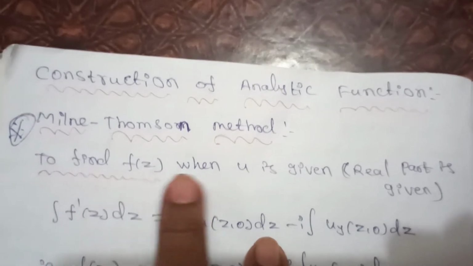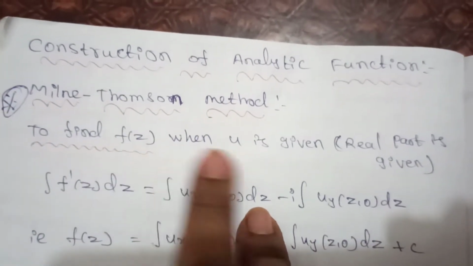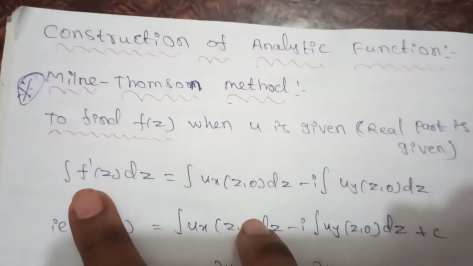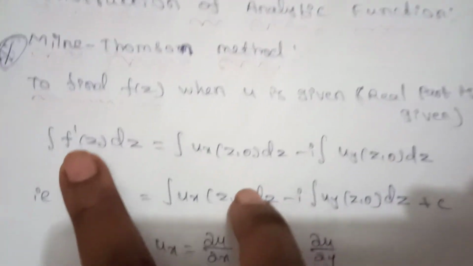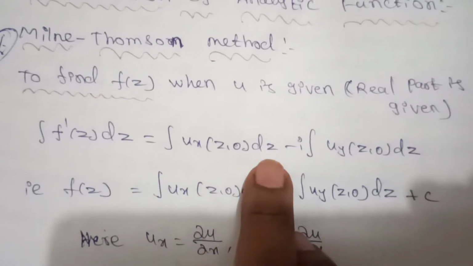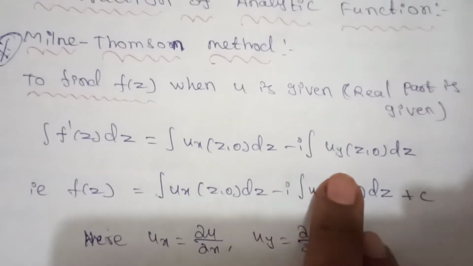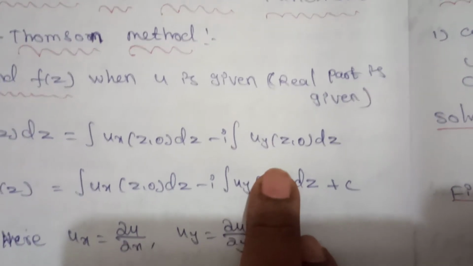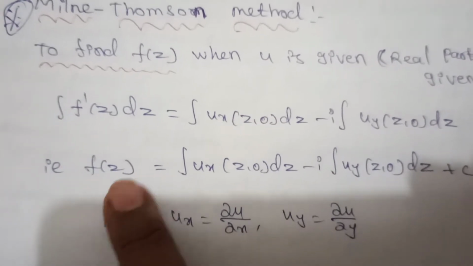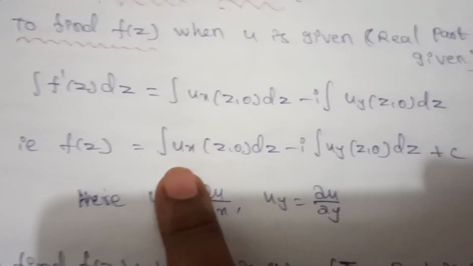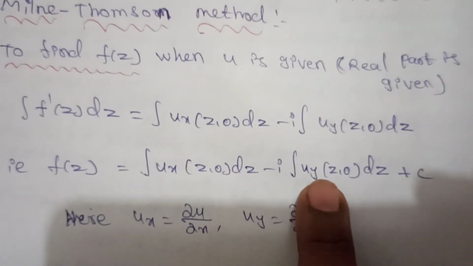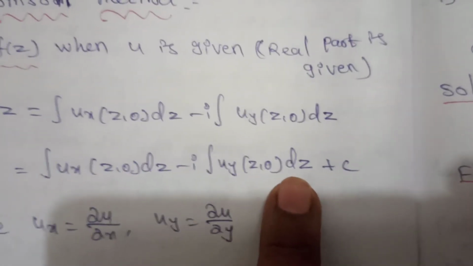First, to find f of z when u is given, that is, when the real part is given, use the Milne-Thomson formula: integration of f dash of z dz is equal to integration of u x of z comma 0 dz minus i into integration of u y of z comma 0 dz. Here the integral and derivative cancel, so f of z is equal to integration of u x of z comma 0 dz minus i into integration of u y of z comma 0 dz.